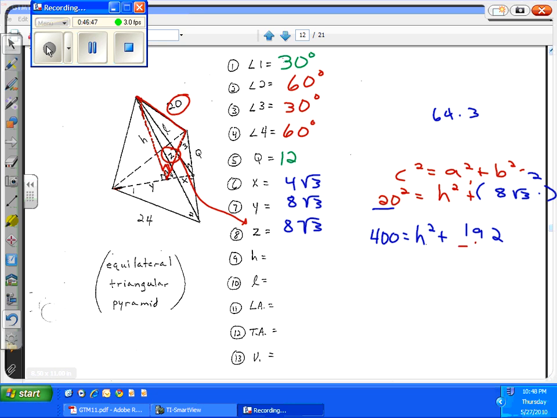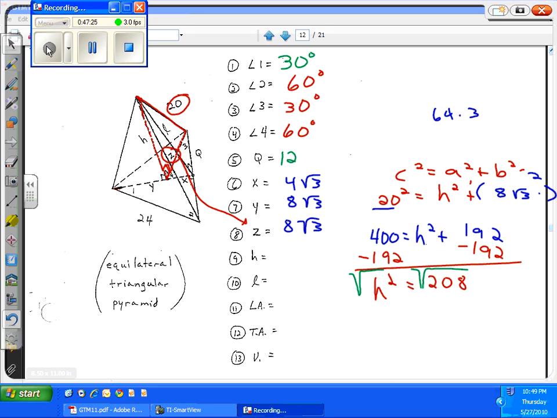And so we're going to subtract 192. And so we have h squared is equal to 208. And so we take the square root to get the height, so we would take the 208 divided by 2 is 104.